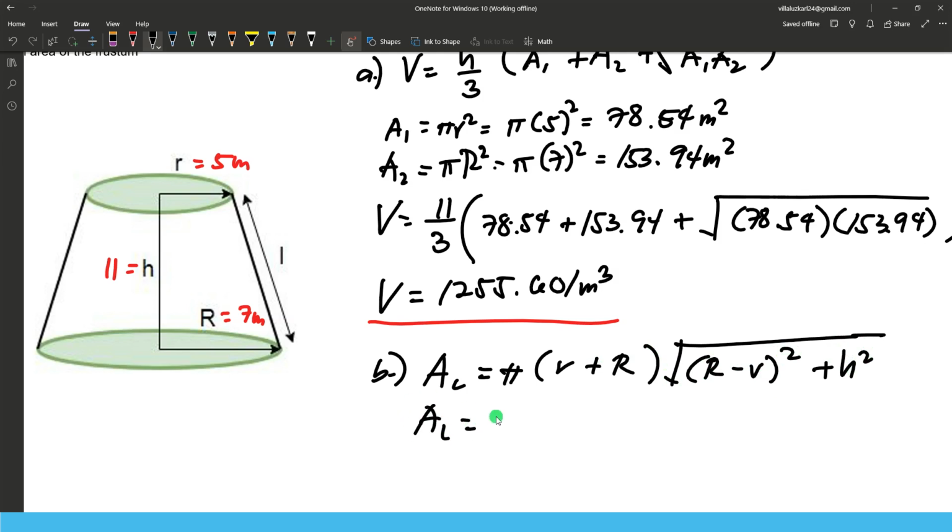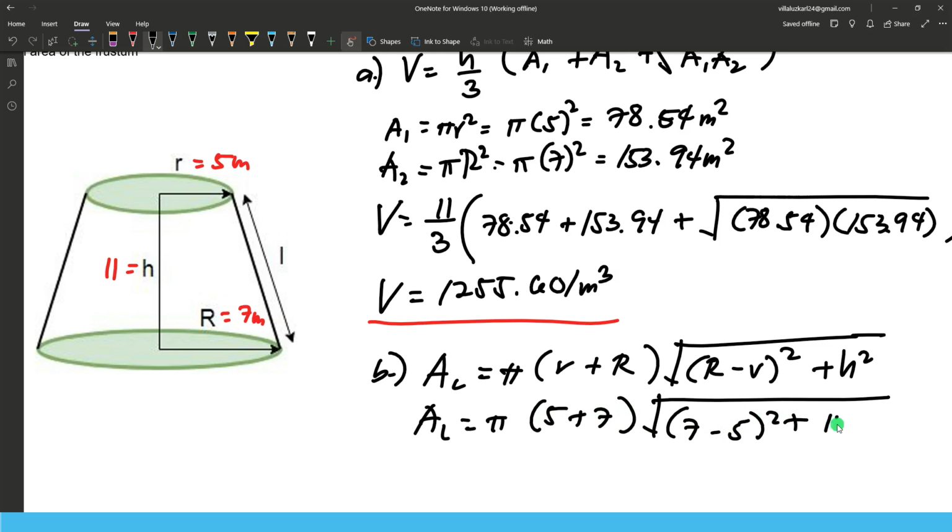Direct substitution: pi times (5 plus 7) times the square root of (7 minus 5) squared plus 11 squared. Lateral area is 421.489 square meters. Okay, that's the lateral area of the frustum of a cone.